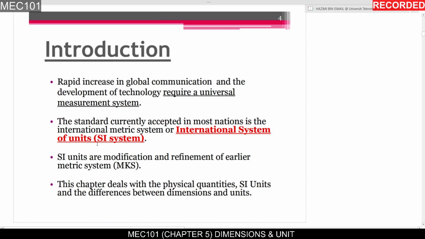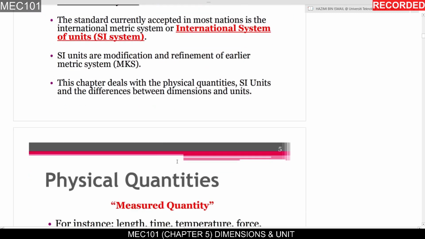The SI unit stands for, in French, Système International, and if we translate it into English, the SI unit is International System of Units.